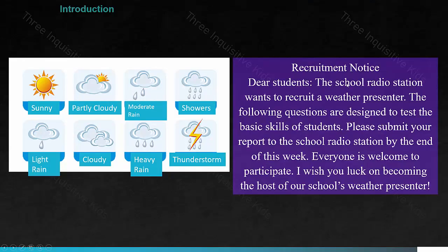Recruitment notice. Dear students, the school radio station wants to recruit a weather presenter. The following questions are designed to test the basic skills of students. Please submit your report to the school radio station by the end of this week. Everyone is welcome to participate. I wish you luck on becoming our school's weather presenter.